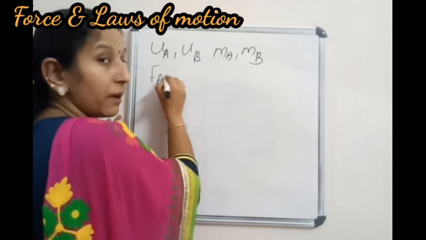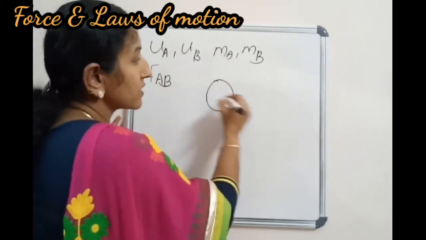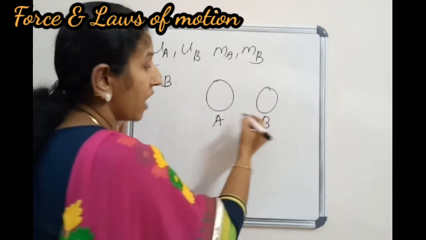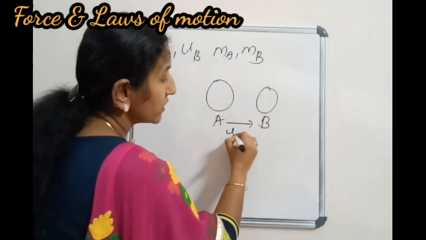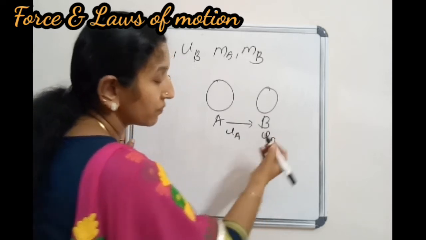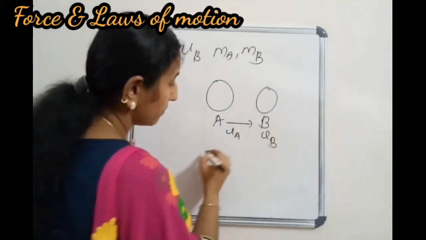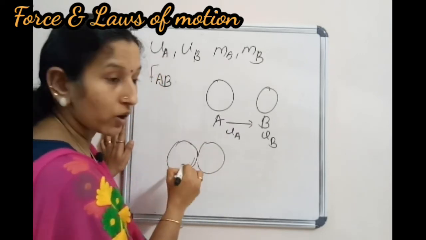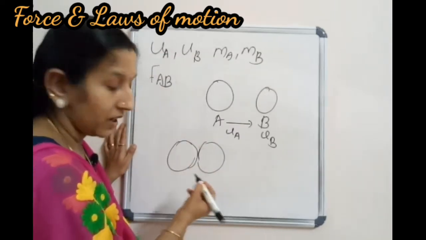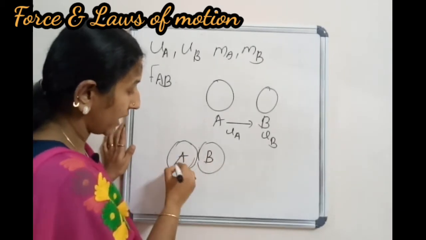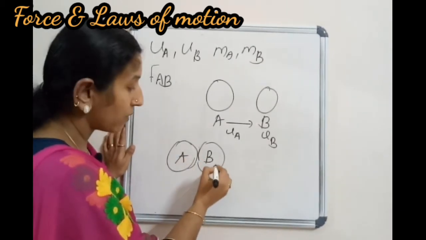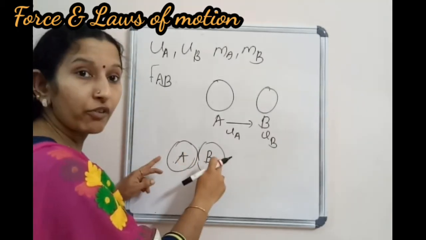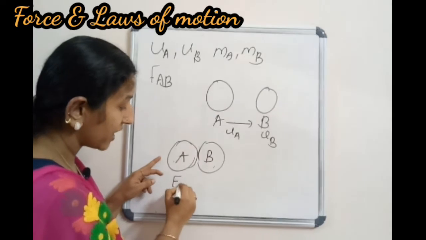Two balls A and B with initial velocities ua and ub collide each other. Ball A exerts force on ball B, that is FAB.